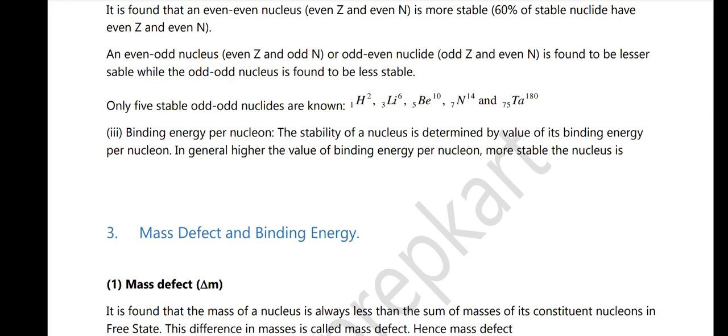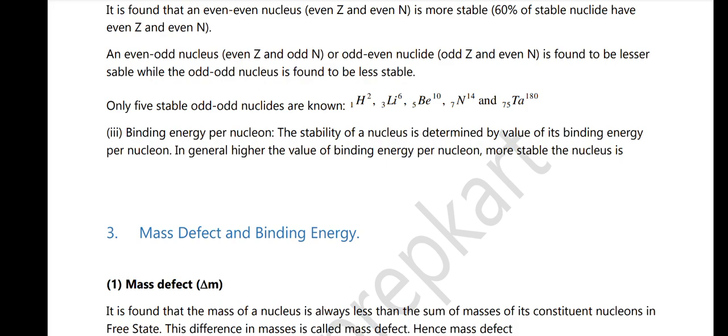In general, the higher the value of binding energy per nucleon, the more stable the nucleus is. If the binding energy per nucleon is more, then we can say the nucleus is stable. Binding energy per nucleon tells us how stable the nucleus is by telling us the value of binding energy.